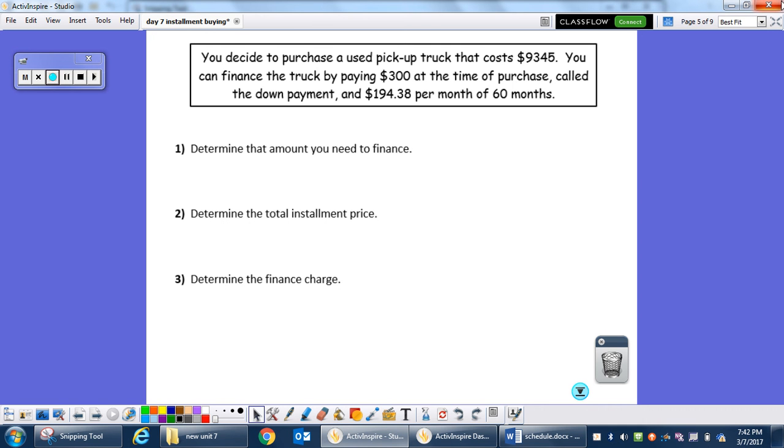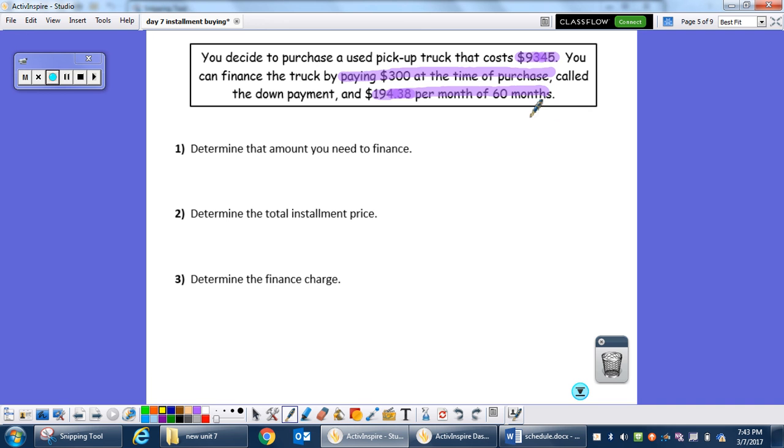So you decide to purchase a pickup truck that costs a total of $9,345. You can finance the truck by paying $300 at the time of purchase. So that's probably going to be the down payment. And then you're going to pay $194.38 for 60 months.